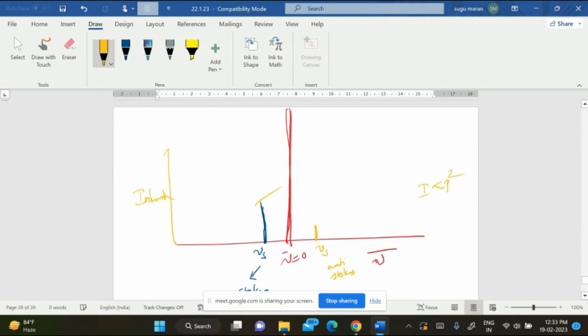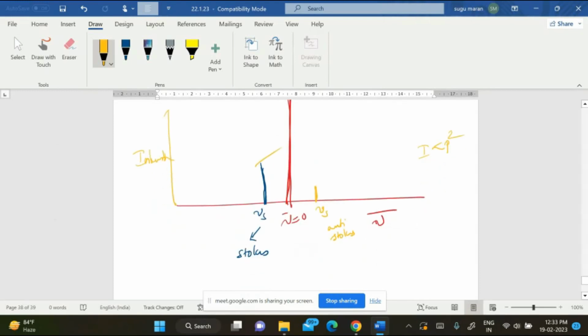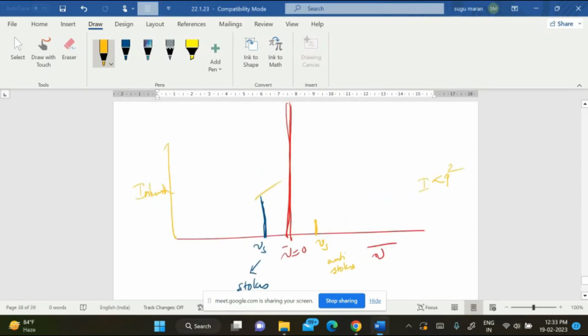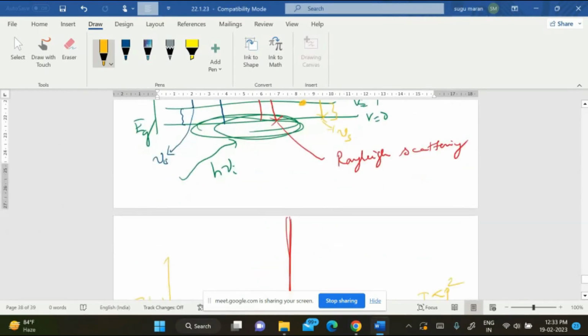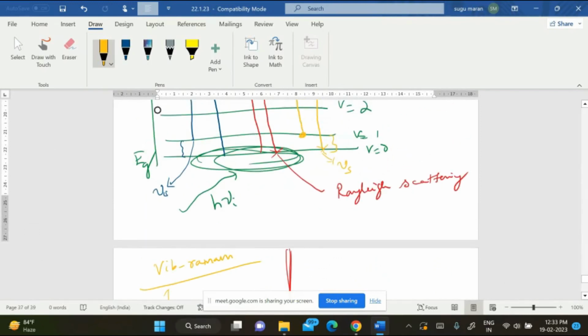Therefore, Stokes lines are generally more intense. What we studied is called vibrational Raman spectroscopy, in which the vibrational energy of the molecule actually changes.